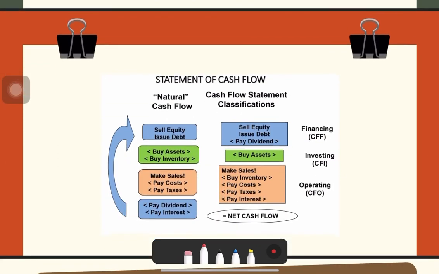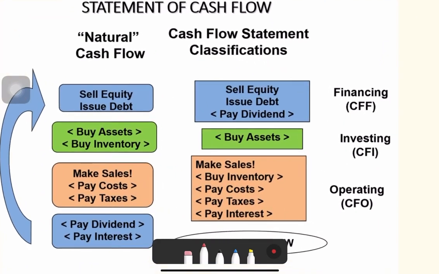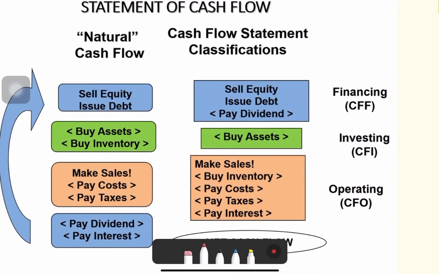Next, this is the statement of cash flow classification. You can see here, when we sell equity, this is a cash inflow, and when we issue debt, the investor buys the debt or the bond and we receive a cash inflow. The items in brackets, like when we pay dividend, are considered outflow.